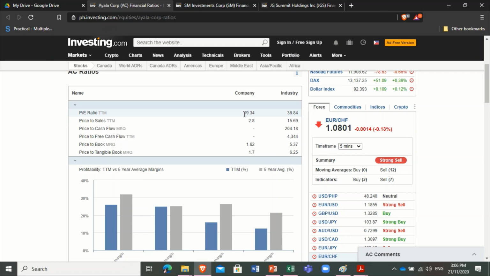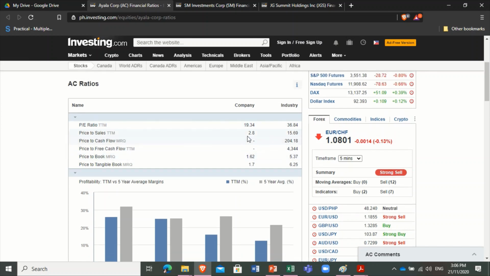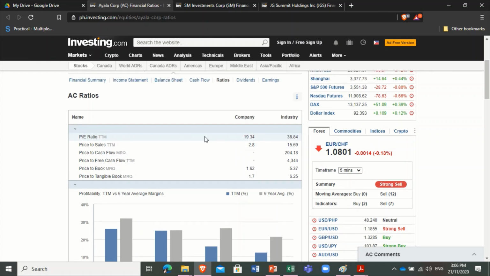Given that the PE ratio is very, very low as compared to its other counterparts, Ayala Corporation is a good buy as compared to SM and JG Summit, given that they are all equally established and they are all blue chip stocks. No, dito sa list na ginawa natin, Ayala is surely a good buy. So if you're considering to invest in the future, siguro first choice nyo would be Ayala Corporation.